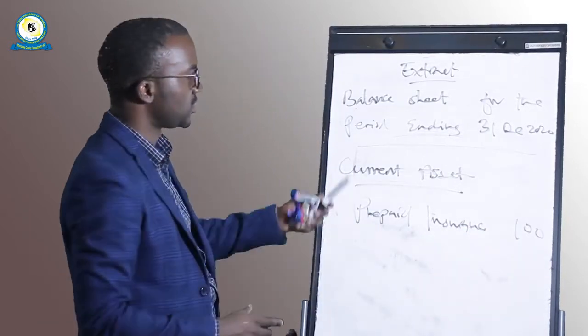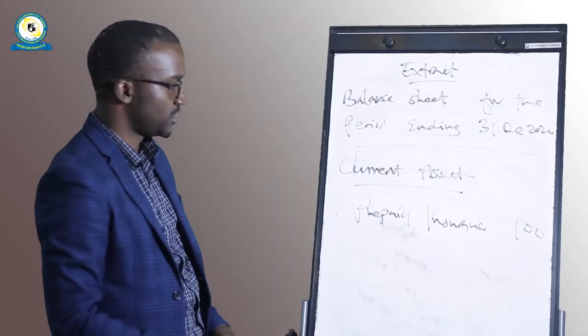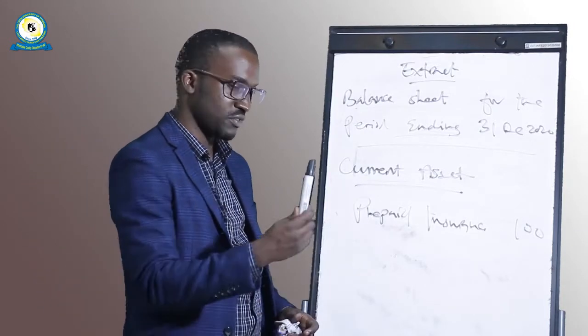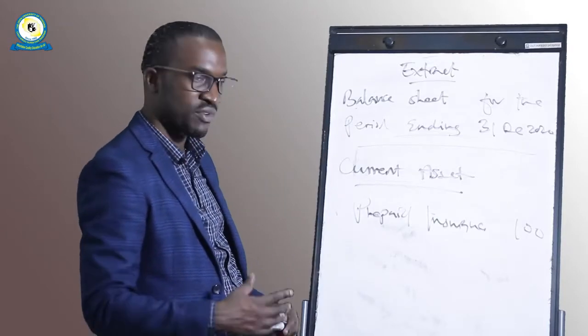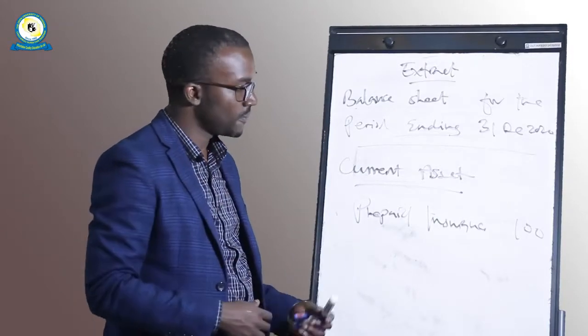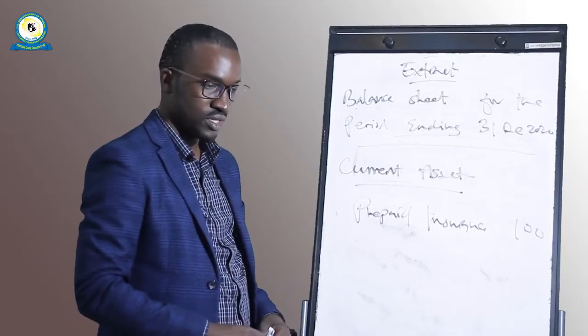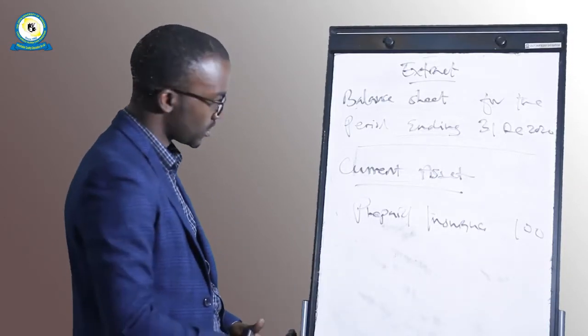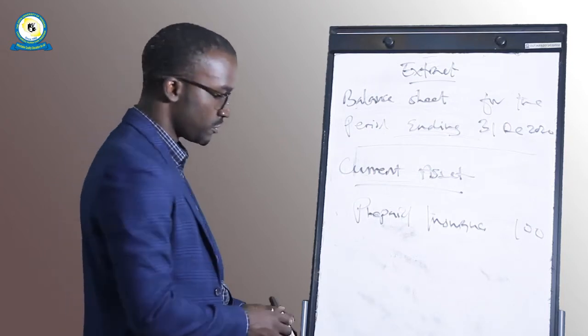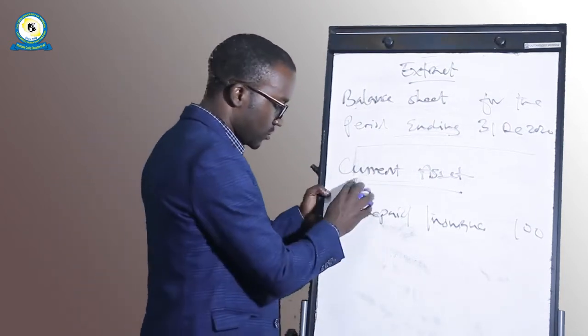That is an extract of a balance sheet. I hope you can read it. I've seen my marker pen is not writing that much, but I hope you can capture it and follow what I'm trying to say. Okay. So that is the treatment of prepayments and accruals. That is the simple treatment of prepayments and accruals.